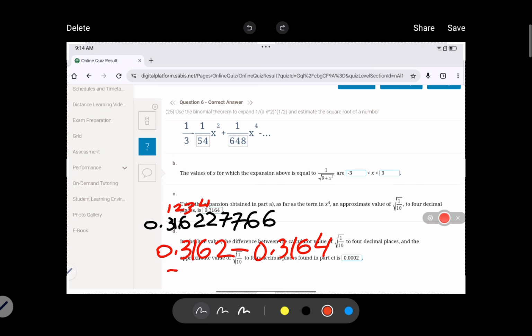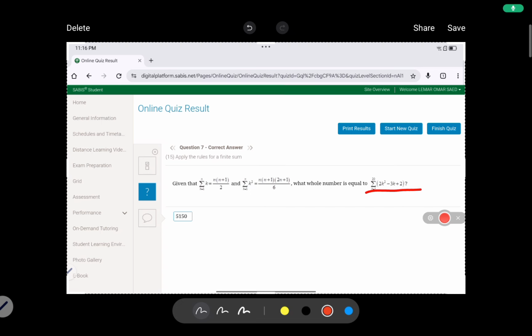And they want the calculator value minus the estimated value. You will get negative 0.0002, but they said they wanted an absolute value, so the negative goes, so it will be 0.0002. Yeah, that's it.